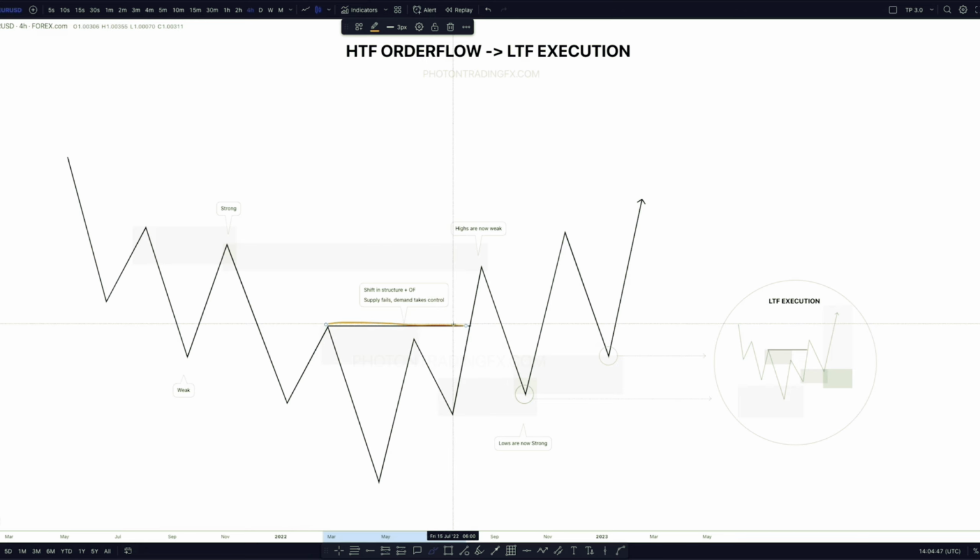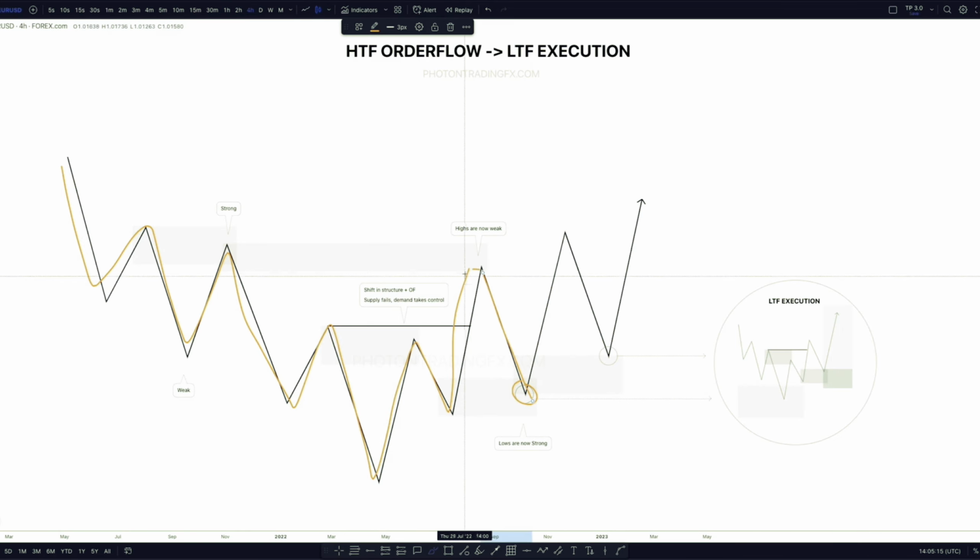What do we also know then? When you get a bullish shift in structure, when we look at supply and demand, we know that supply has failed and it's likely demand is starting to take control, if we then see demand be respected and demand hold. So again, thinking about one time frame, we can look for shorts from supply, targeting those weak lows, and then eventually supply will fail to do its job, demand will step in, structure will shift, order flow will shift, and we then look for demand to take control.